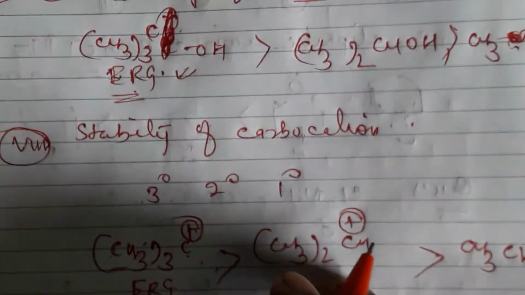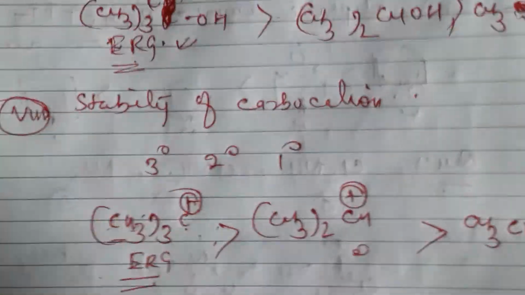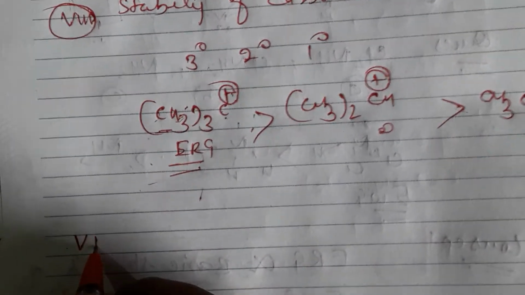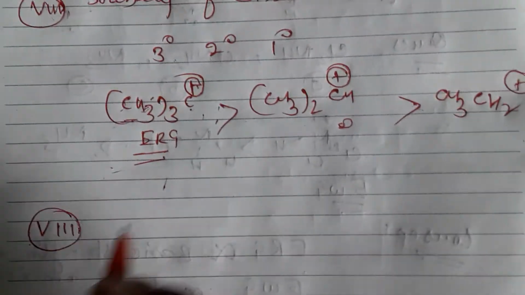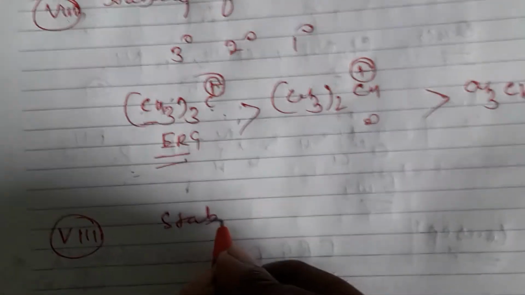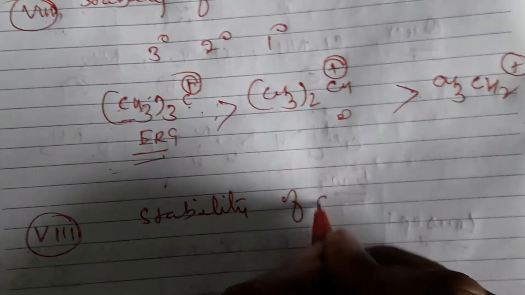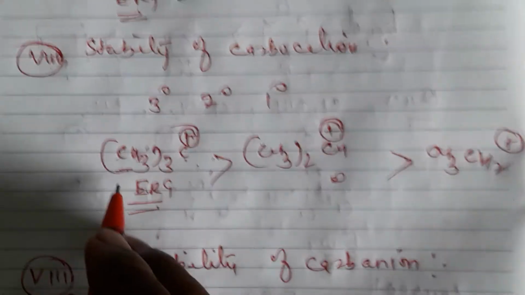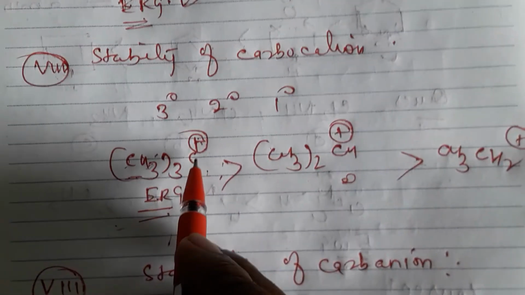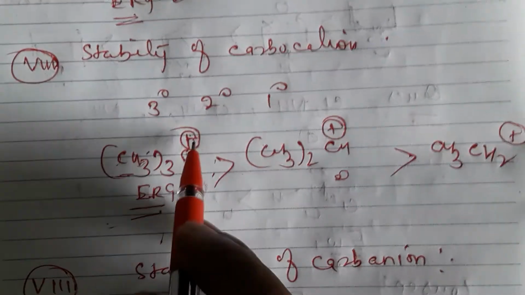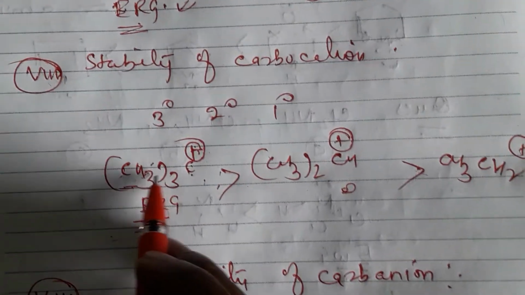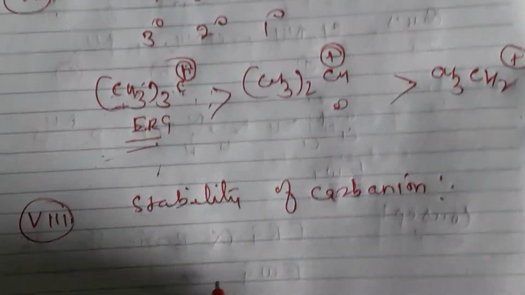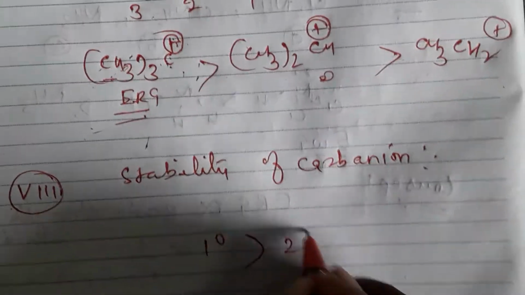One point remains: the stability of carbanion. It is the eighth point. What is the idea? It is the reverse of that. Since a minus charge is given here, the carbon already has more electrons, much more charge, and the methyl groups also donate electrons, so it feels instability. That's why the order will be primary first, then secondary, then tertiary.